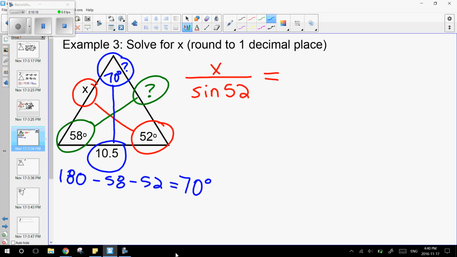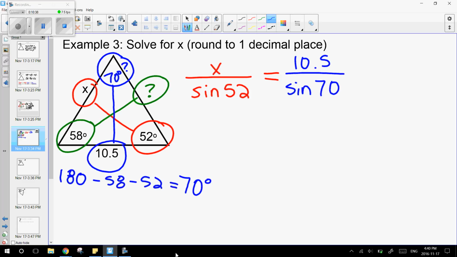Now that we know that angle, we have our known pair with our blues here, so we can throw that into our equation. 10.5 on the top because sides are on the top. And then sine of our angle on the bottom, so sine 70.